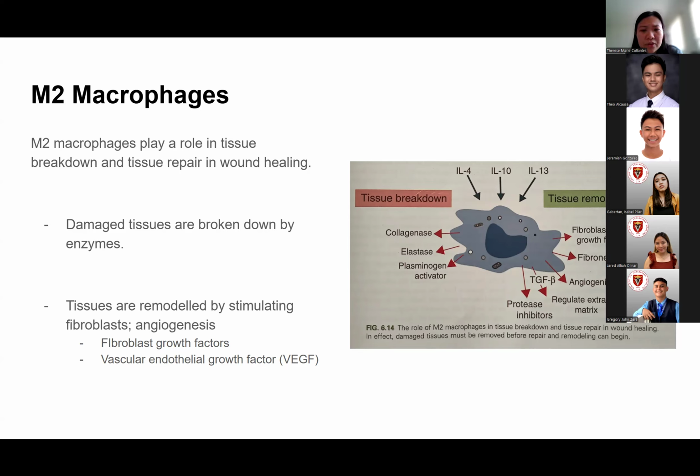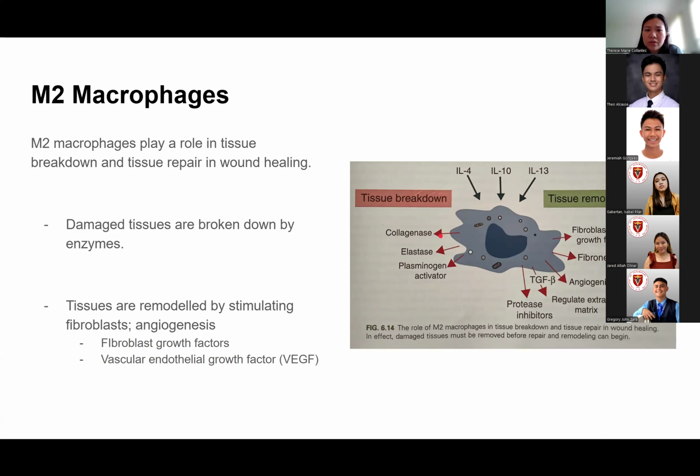In the aspect of tissue breakdown, the main components of the macrophage responsible would be the enzymes. Here in this diagram we see the enzymes released by the macrophages that play a role in removing the damaged tissue.